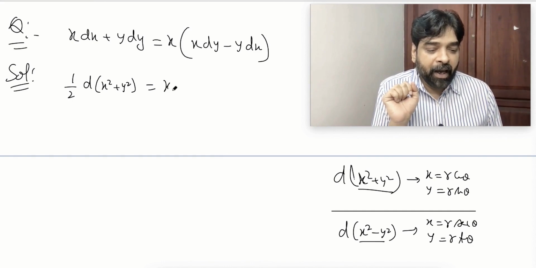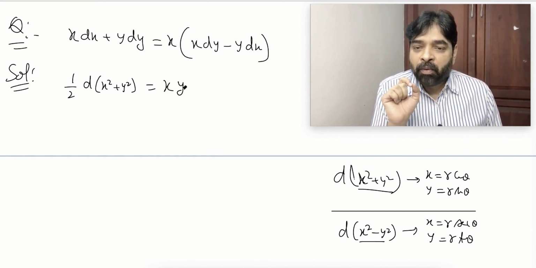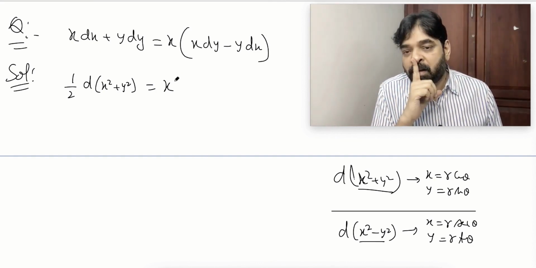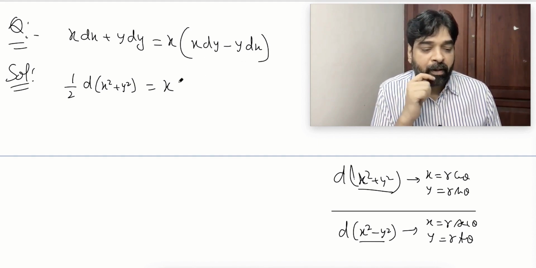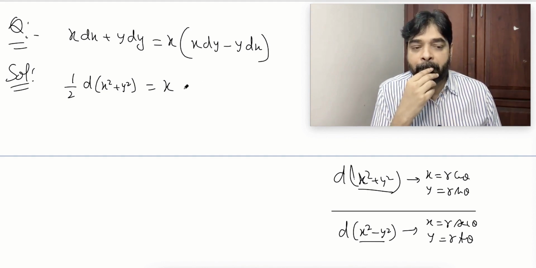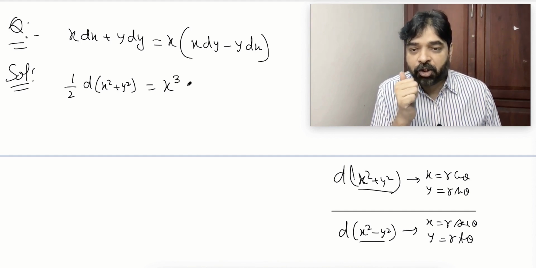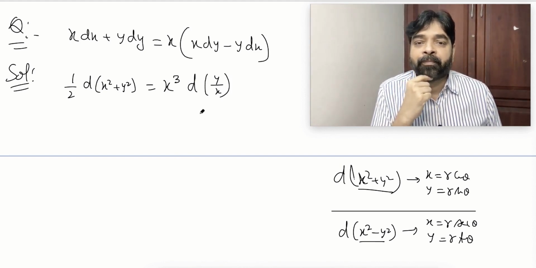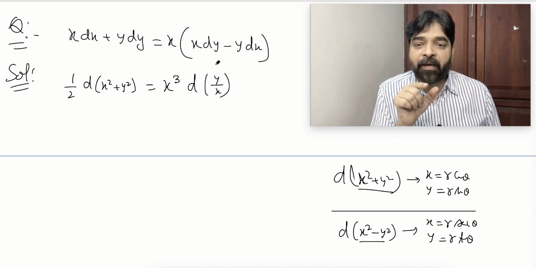This is x cube d of y by x. Think, did I write correctly or not? I may make a calculation mistake. x dy minus y dx divided by x square. Correct.